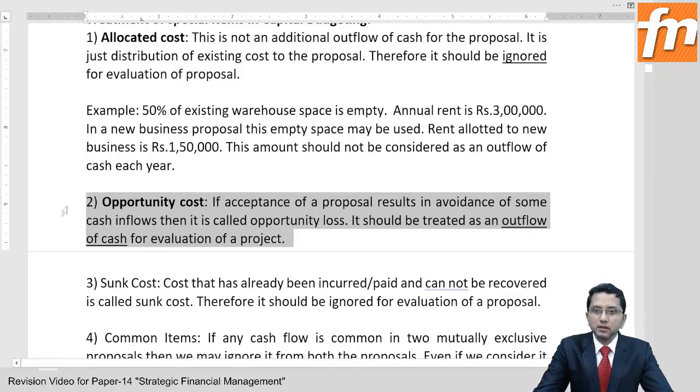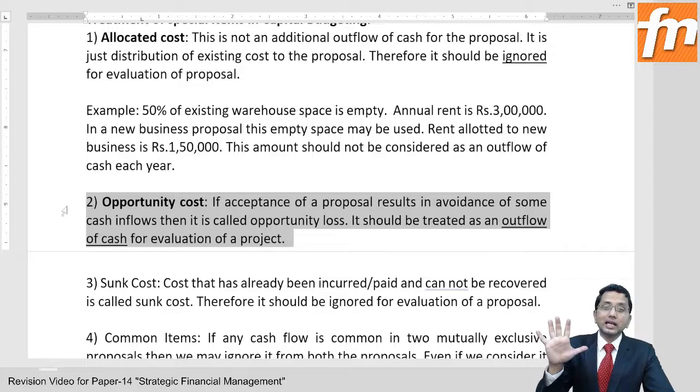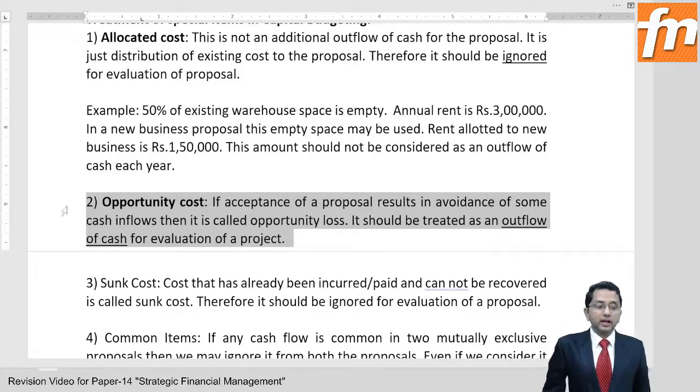Take an example. Suppose you already have one shop at a prime location in the city. It's a big shop, and currently you have rented it out. Your monthly rental income is 5 lakh rupees, so annually you are getting a rental income of 60 lakh rupees. Now you are planning to start a new business.